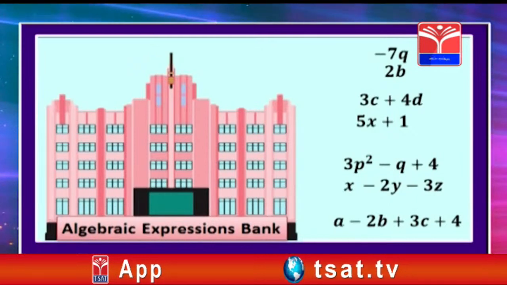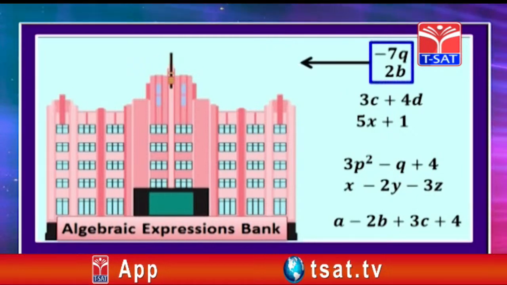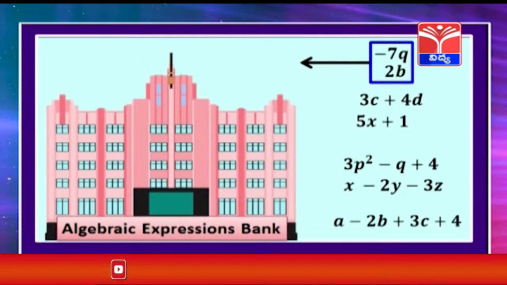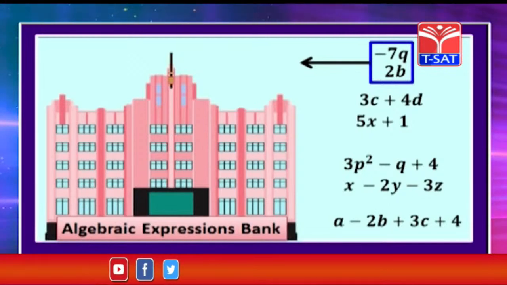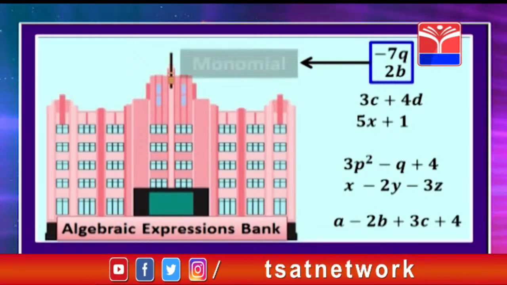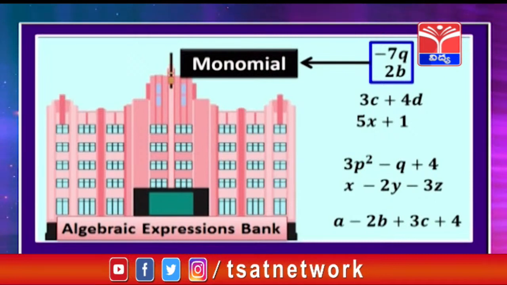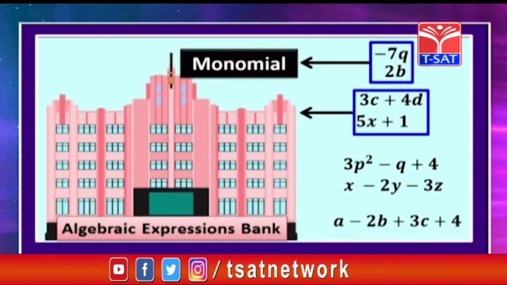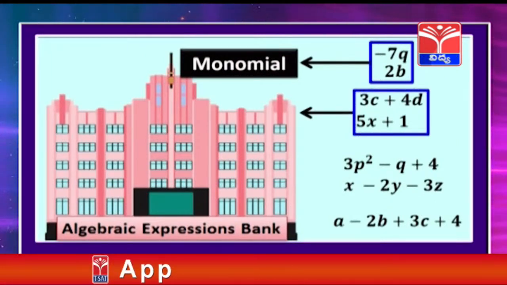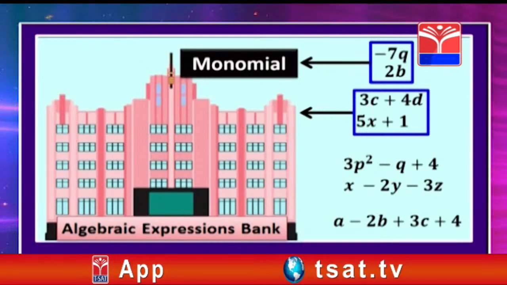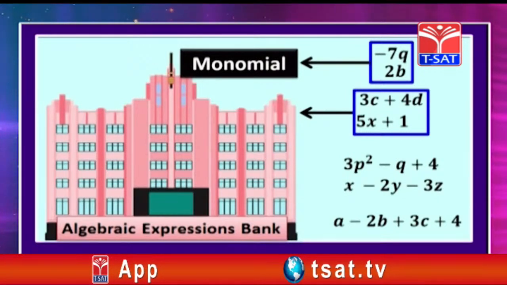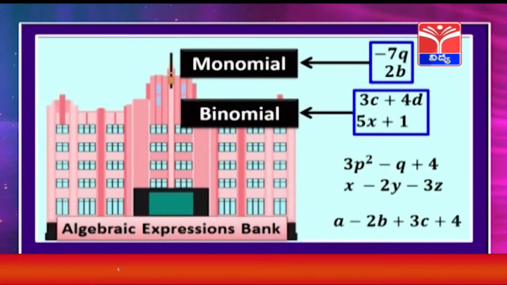Now children, if you notice the first ones, minus 7q and 2b, they have only one term, isn't it, children? They are called monomials. Now whereas if you consider the second ones, that is 3c plus 4d or 5x plus 1, they have two terms. So we call it a binomial.